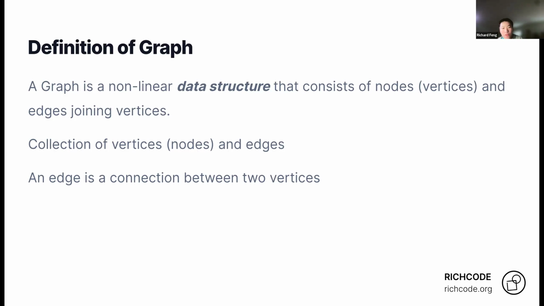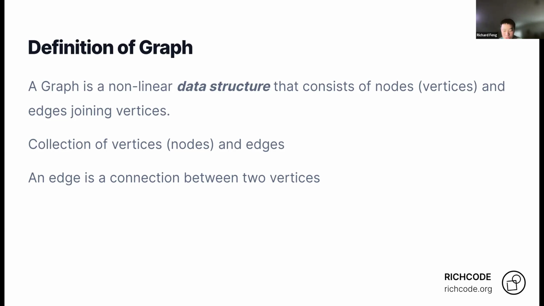So just a recap, a data structure is used for organizing, processing, retrieving, and storing data, and a graph is a type of data structure. But unlike linear data structures such as arrays, stack, and queue, which we have previously learned, and those all have sequential arrangement of elements, graphs allow us to have more complex relationships and connections between data points.